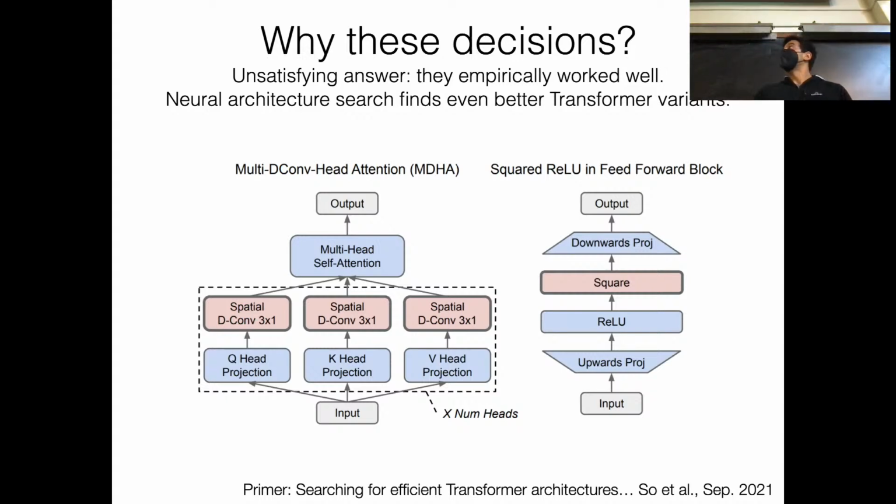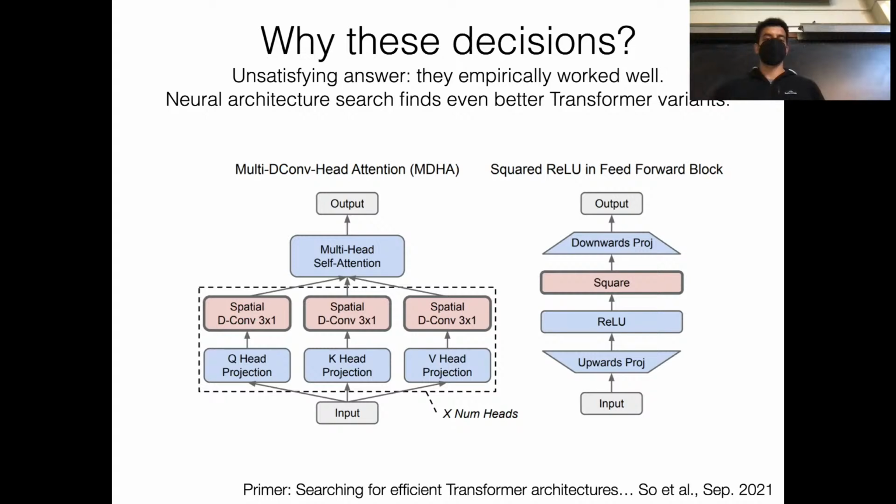And finally, I wanted to briefly mention this very new paper that came out about a week ago. It's called Primer: Searching for Efficient Architectures. Someone asked about neural architecture search. You might be wondering, why do you put the residual connection here and not here? And why are we using 8 heads instead of 2 heads?